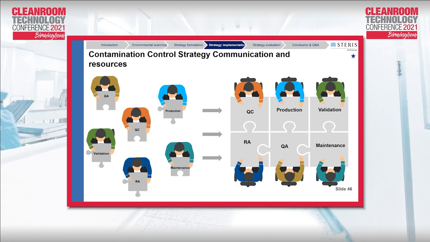Also, the goal of this global cross-functional team, and I say global, but it by no means refers to international or whatever type of term we use for global, but a team that has a great understanding of the process, and a great understanding of and knowledge about contamination controls, etc. And the goal of this team is also to assess the priority of implementation, but also to take decisions when there is a need for a decision.